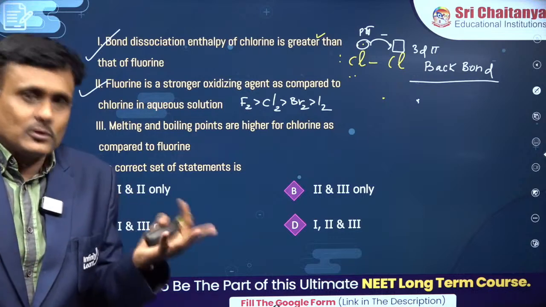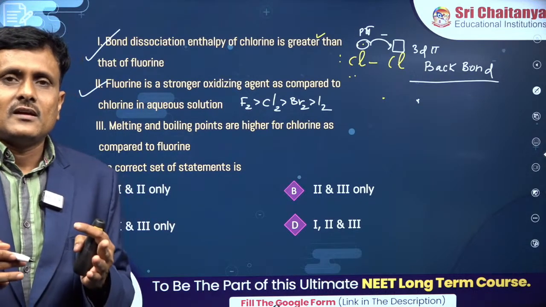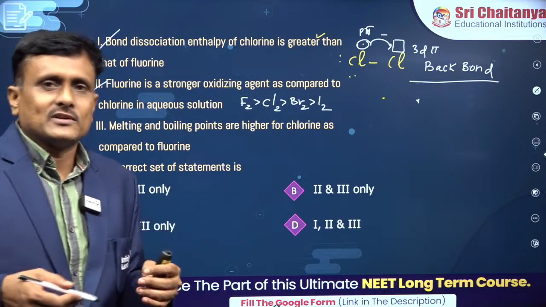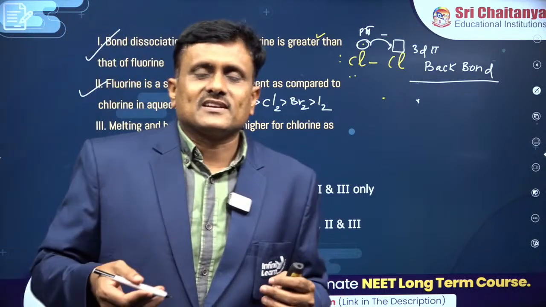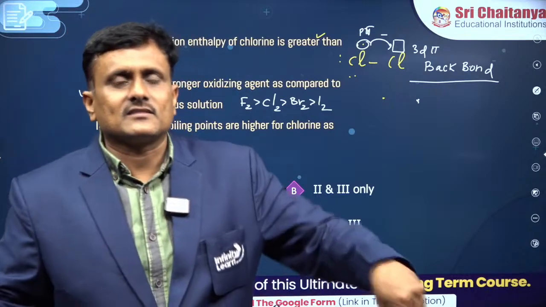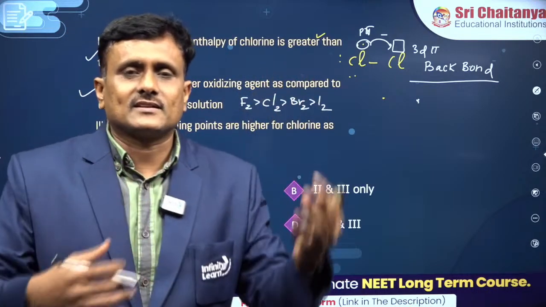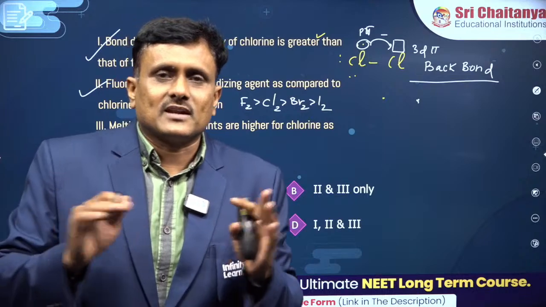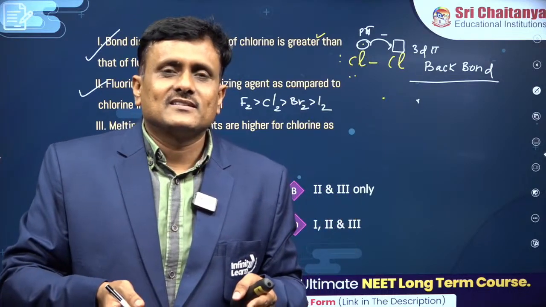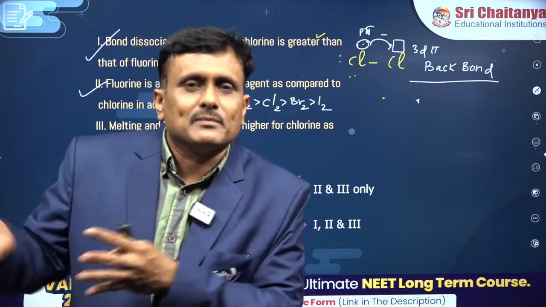It's simple. Try to understand. Nothing will happen. In aqueous medium only we are supposed to carry out the reactions, right? It's not that I am throwing fluorine in the air and some other substance in the air and they will react in the air. No, no. These are not Balakrishna fights. They will take place in aqueous solution only. So don't get misled by the statement.